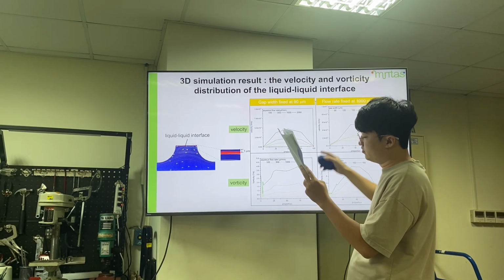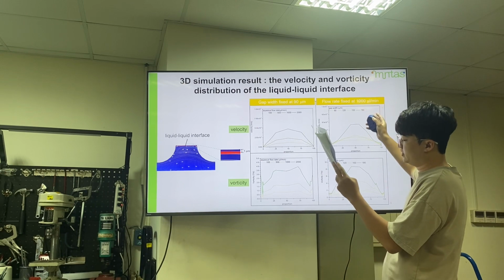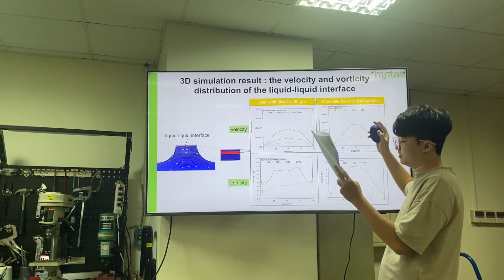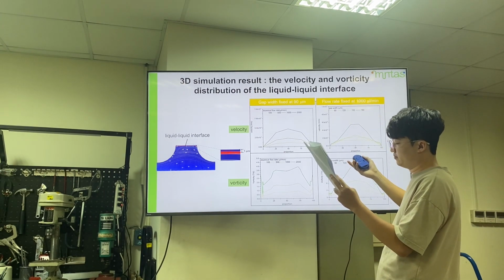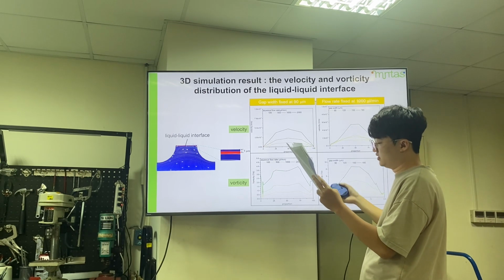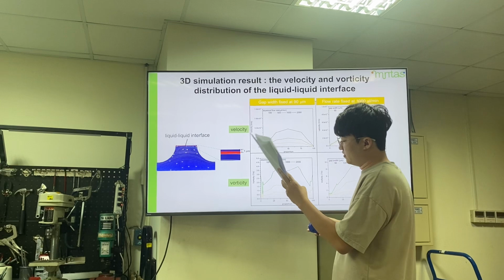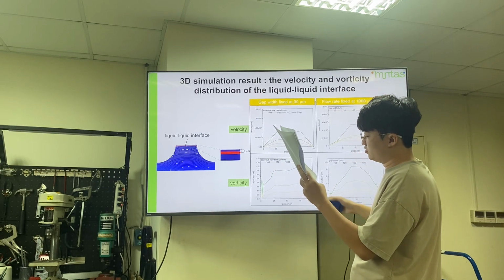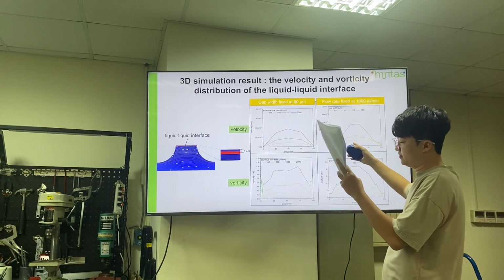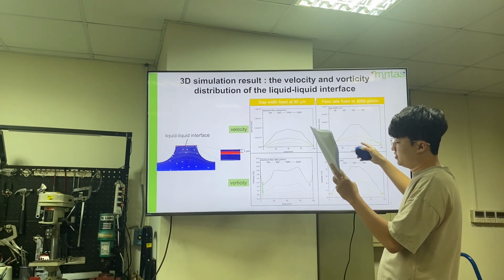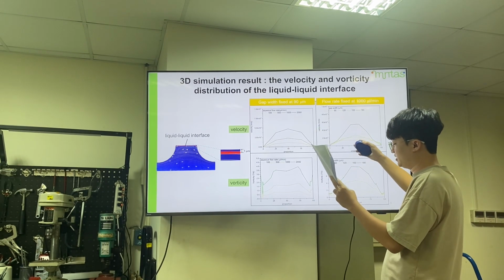When the flow rate is 1000 microliter per minute and the gap width is 180 micron, there is a notable increase in the velocity at the center of the gap. For the gap width of 120 and 150 micron, the variations in velocity are similar.